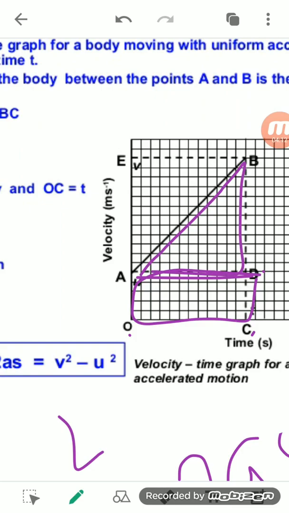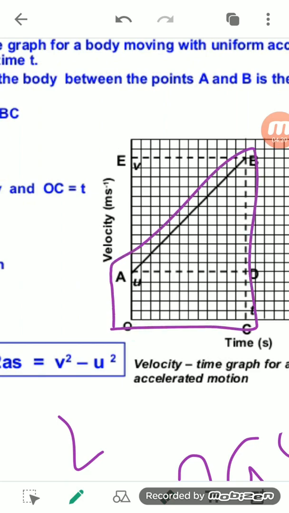When we calculate both areas and add them, we are able to find the area AOBC. Now we can calculate this area AOBC by another method. How?